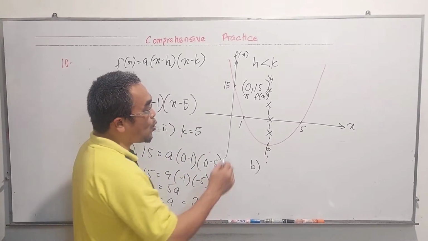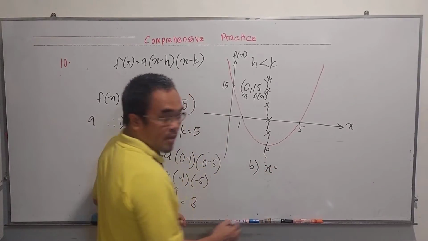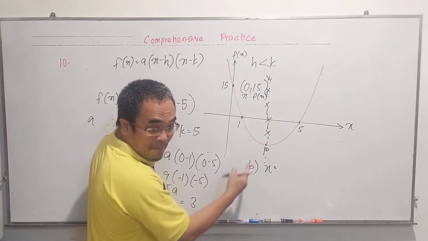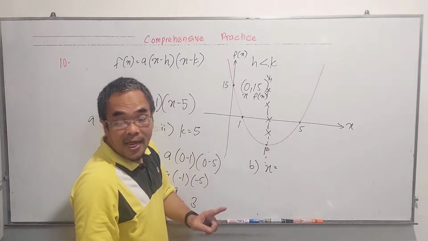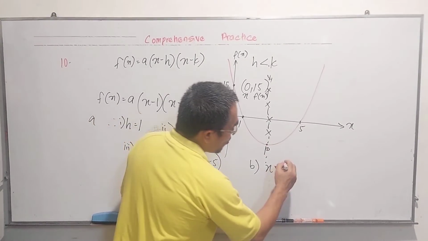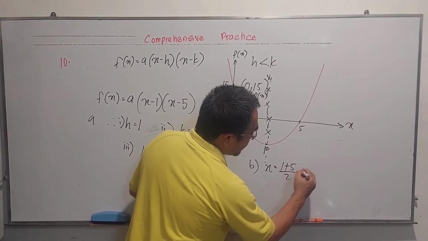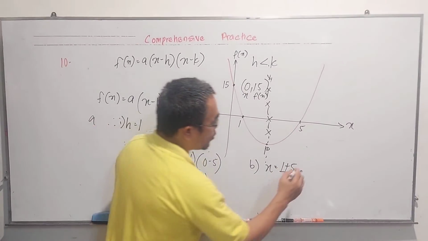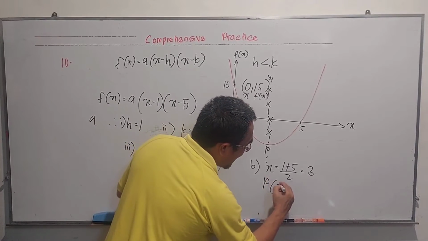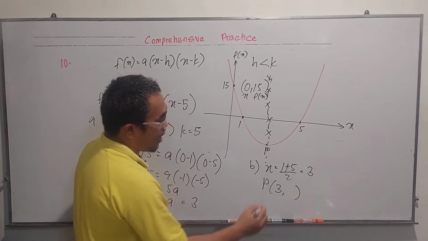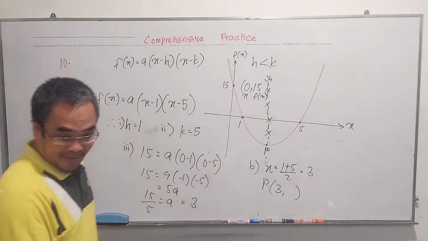So in order to know the x for the coordinate of the minimum, find the middle of 1 and 5. The midpoint is 1 plus 5 divided by 2, 6 divided by 2 is 3. Therefore the coordinate of P will be 3 and something. We do not know that yet.